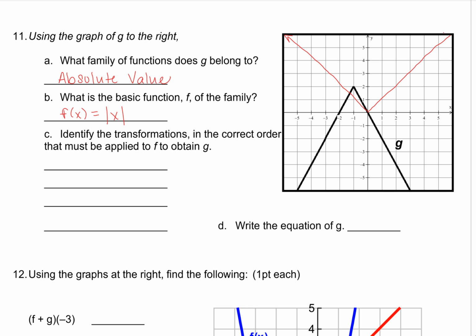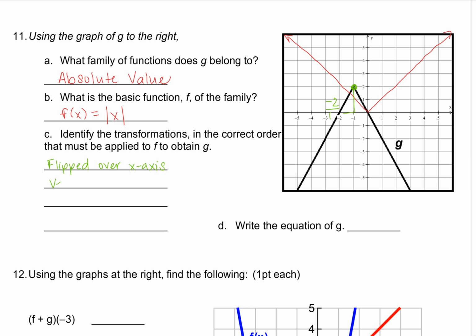Okay, so from there, knowing my parent function, I'm going to figure out what the transformations are. Well, I need to know a couple of things first. I'm going to figure out what the stretch is first, because I know from the top I'm going down 2 over 1. So down 2 over 1. So I know I have a stretch. First I know that it's flipped over the x-axis.